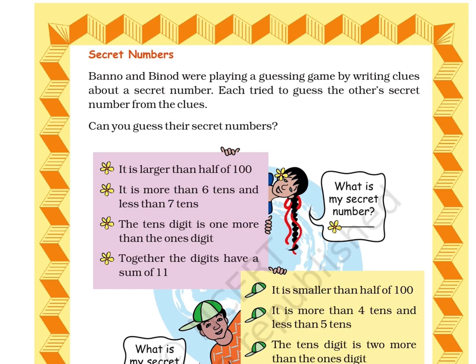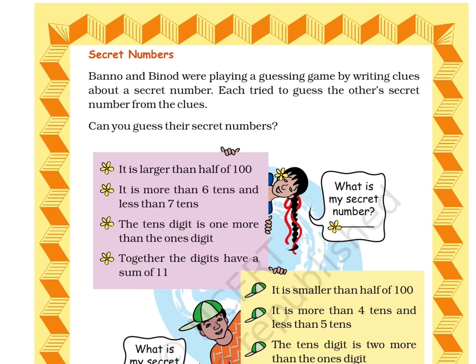Banno asks, "What is my secret number?" It is larger than half of 100. It is more than 6 tens and less than 7 tens. The tens digit is one more than the ones digit. Together the digits have a sum of 11.